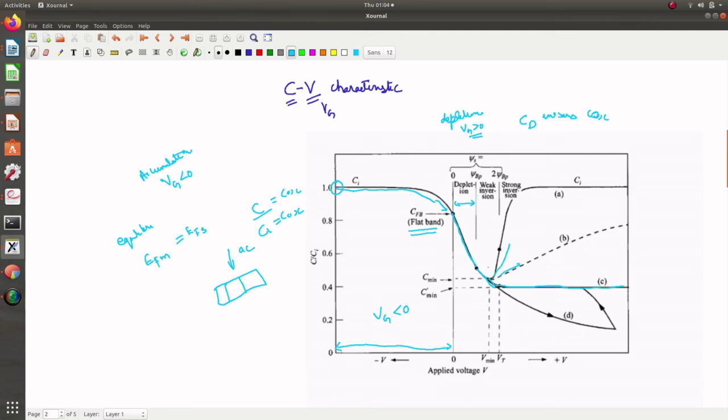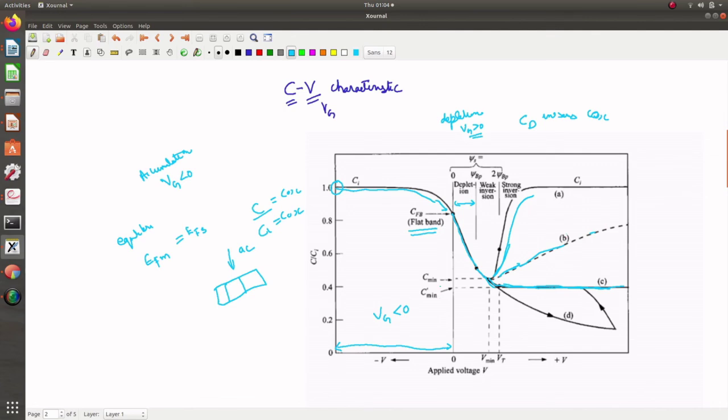If the applied AC signal is of high frequency, the capacitance flattens, and if the applied AC signal is of low frequency, the capacitance increases like this, and if it is in between, the movement will be in this dotted line direction.